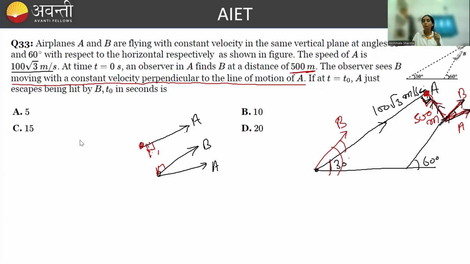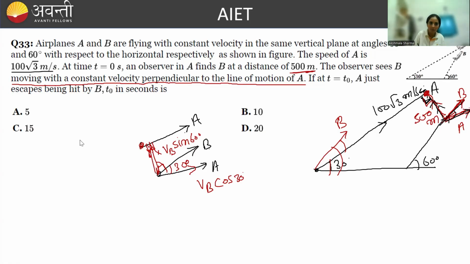Now, according to the observer in A, the component of VB along A. Suppose the component of VB along A, how much will it be? So this is 30 degrees. So let's first understand, VB cos 30. And what will be the component of B along this line? That will be VB sin 60, because this angle is going to be 90 degrees. How?